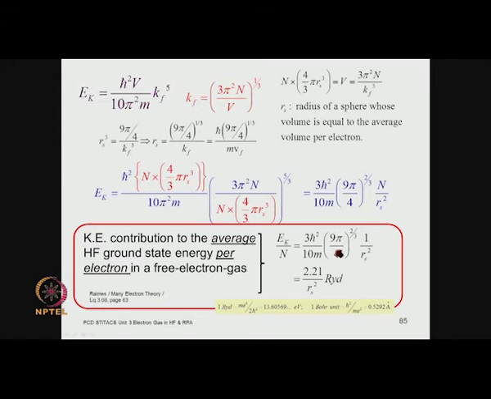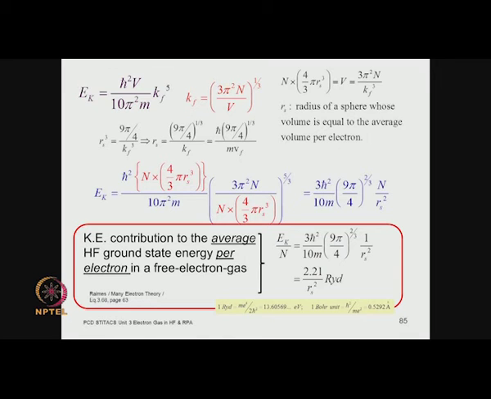So, you can find the corresponding values in appropriate units. In terms of energy units, it turns out to be 2.21 over Rs squared Rydberg, and Rs itself will be in Bohr units. Now, this gives you a good estimate of the average energy per electron.